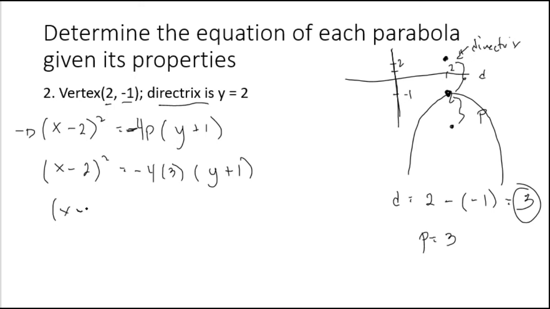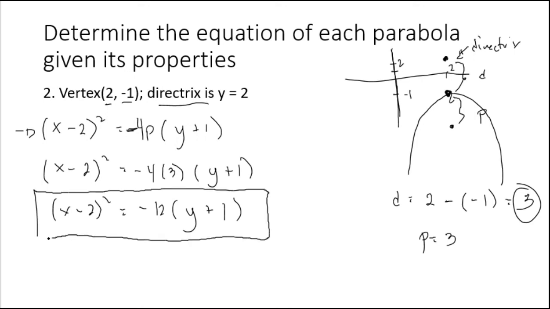Ayun, so solve natin, (x minus 2) squared is equal to negative 12(y plus 1). And then enclose. So our standard form of the given parabola, ayan, quantity (x minus 2) squared is equal to negative 12 quantity (y plus 1).